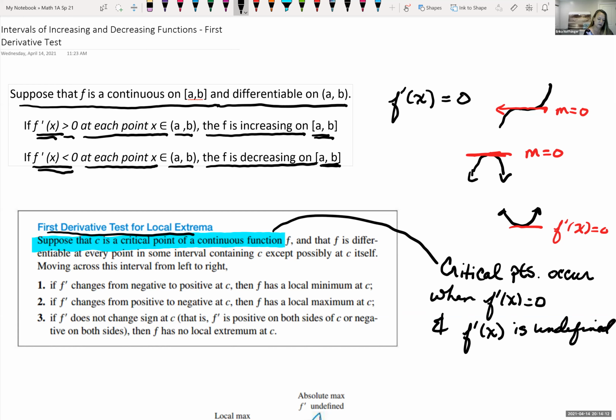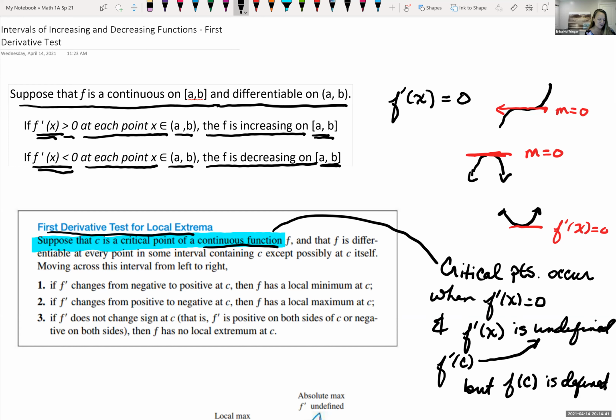So f prime of c is undefined, but f of c is defined. If it's not defined, then we have an open circle there and our function isn't continuous. And we were saying that this is a continuous function. Okay, so let's go back and start breaking this down again.